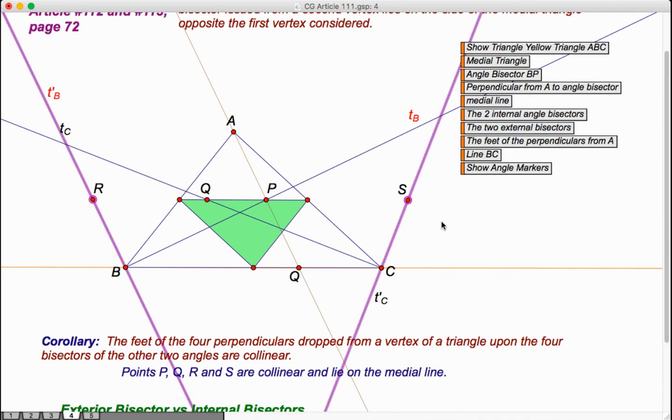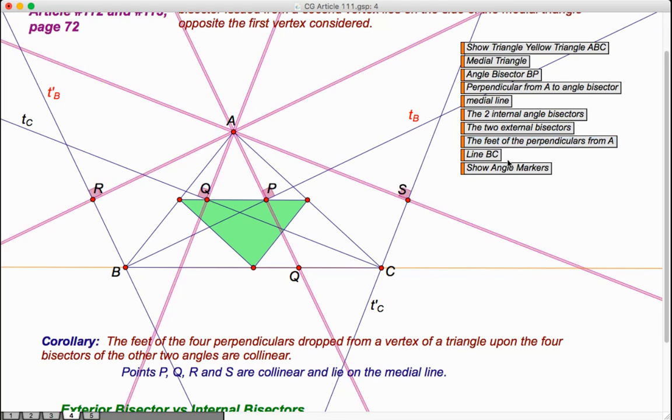So let me construct that. This is the external bisector from point B. That's why I call this T prime of B. This is T sub B. On the other hand, this one is the external angle bisector from vertex C, and this is the internal angle bisector from vertex C. If I construct the feet of the perpendiculars, there you go.